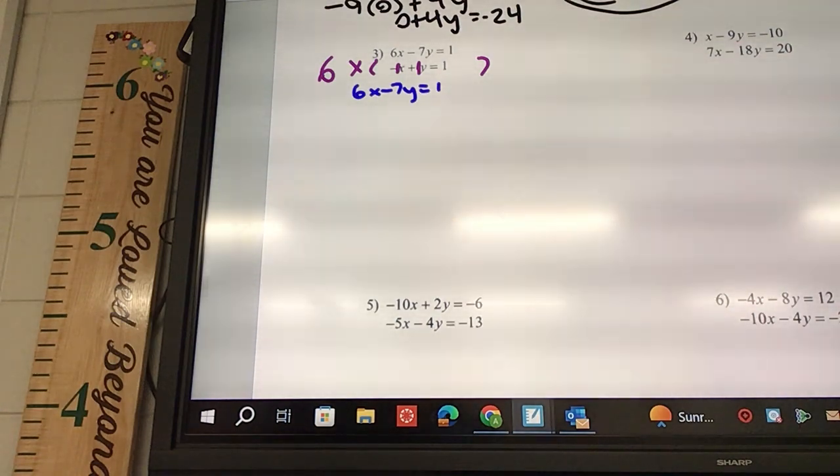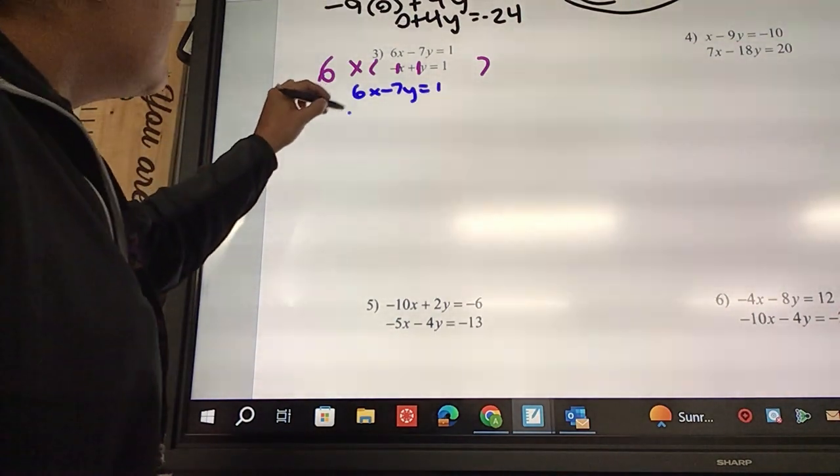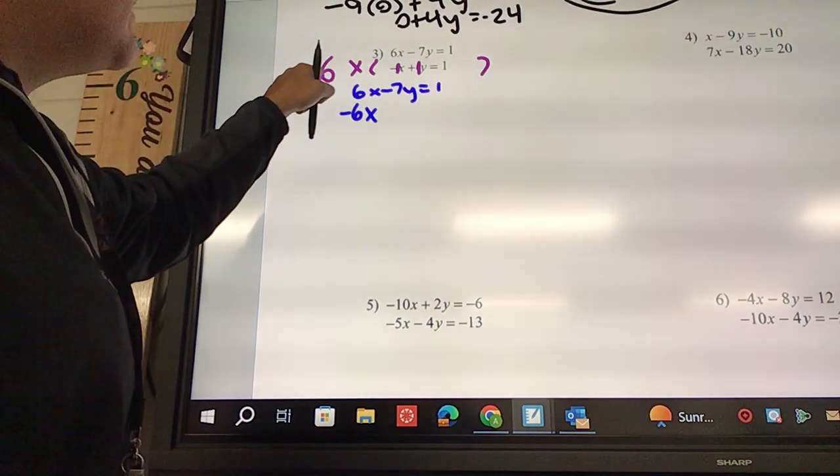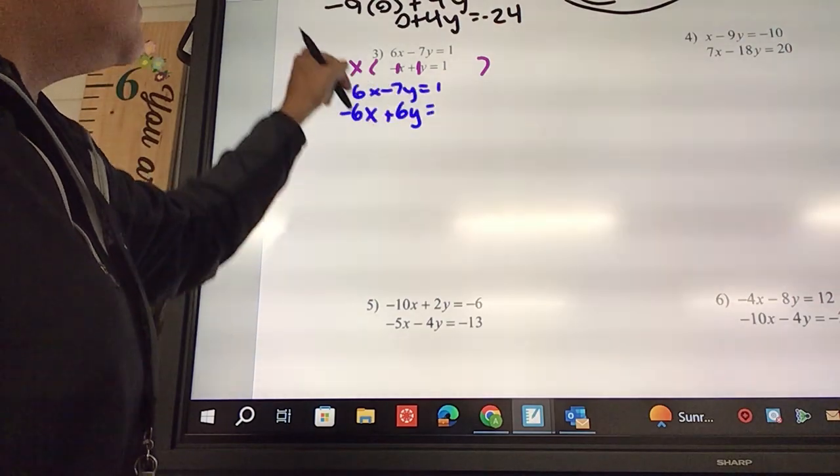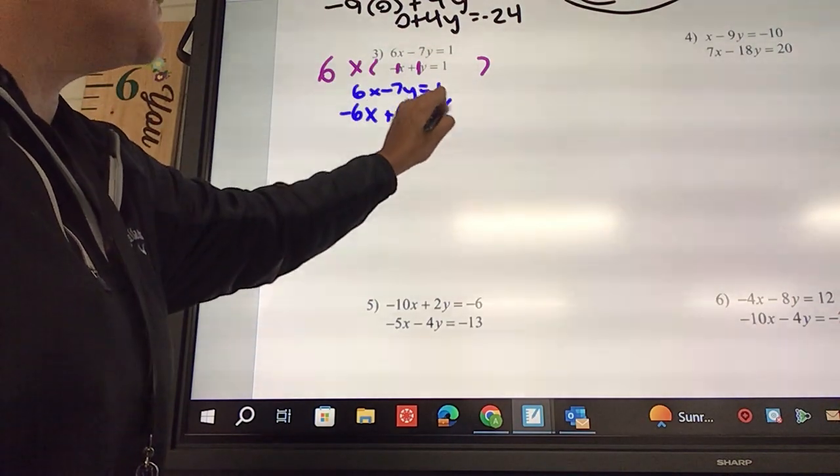So 6 times negative 1 is going to be negative 6x. Again, 6 times a positive 1 is going to be a positive 6y. And then 6 times the 1 again is going to be 6.